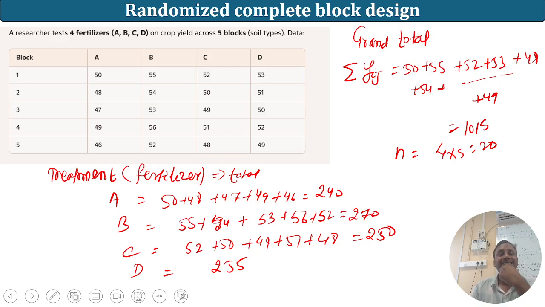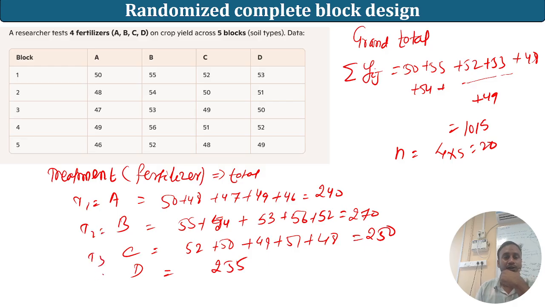Okay, so now we go with the block totals. B1, we'll call T1, T2, T3, T4.